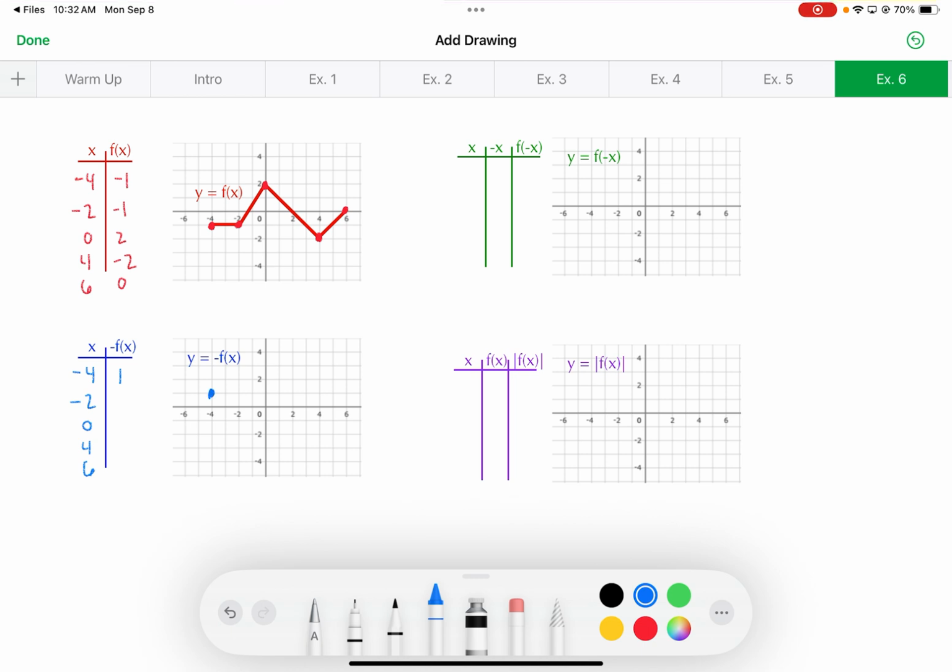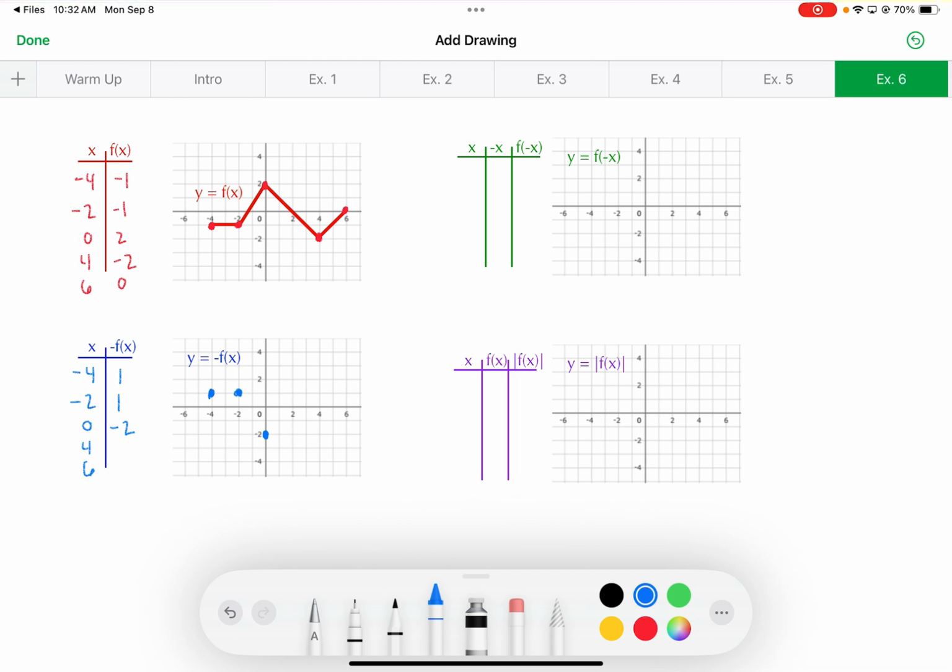If I plug negative 2 into f, I produce a negative 1, but then I change the sign on it to being positive 1 as well. If I plug 0 into f, I get a 2 by the red function, but that 2 changes to a negative 2, or negative f of x.